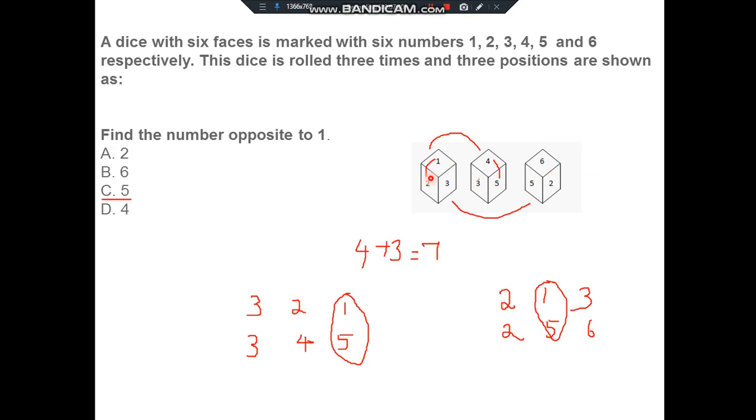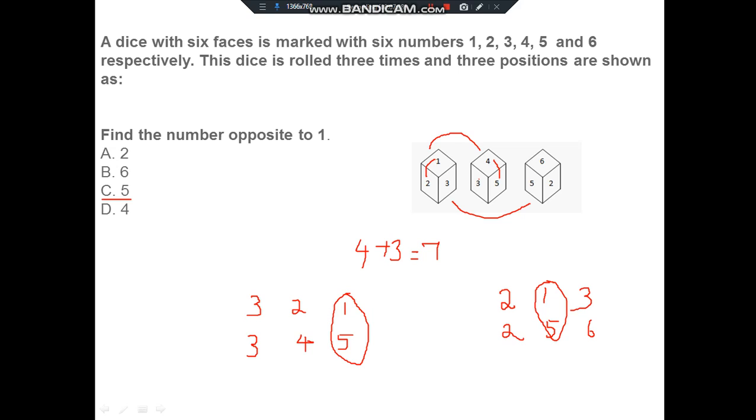I'll choose the first and second positions because 1 is present in the first. In the first and second positions, 3 is the common term in both. Rotating clockwise, 2, 1 and 4, 5 in the second position. So 1 is opposite to 5.